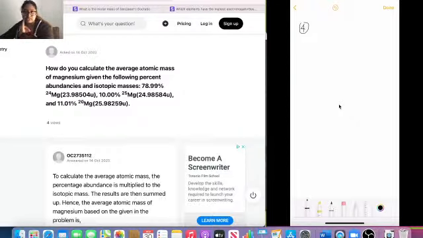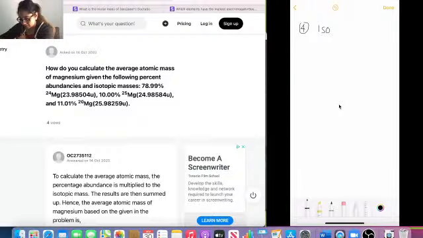So, okay, our next question says, how do you calculate the average atomic mass of magnesium given the following percent abundances and isotopic masses? Okay, so as you probably know, atoms consist of many forms, which are called isotopes.